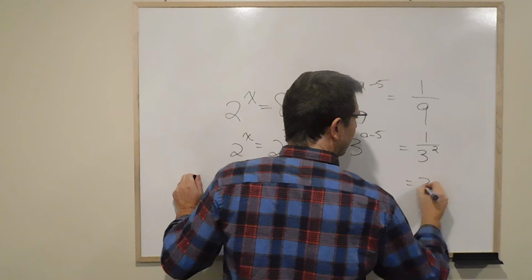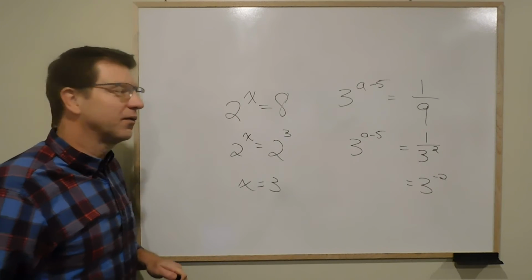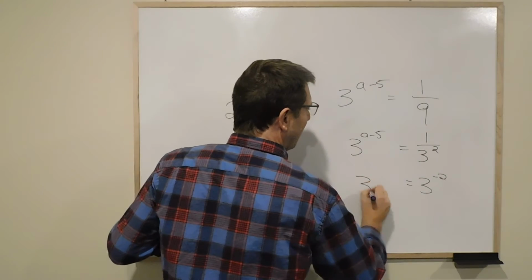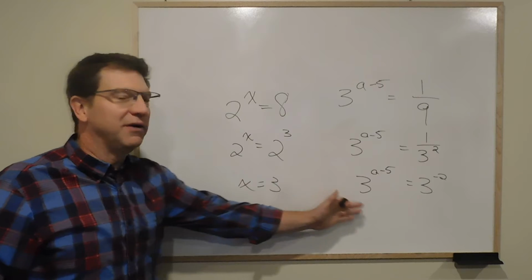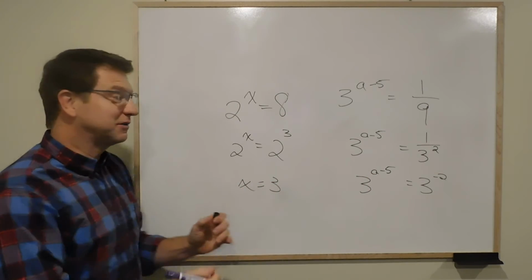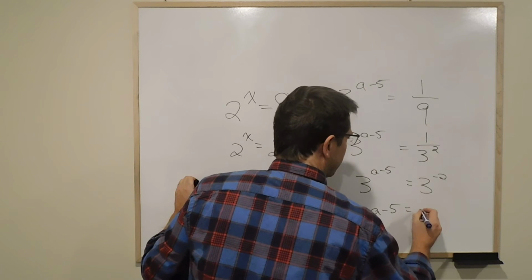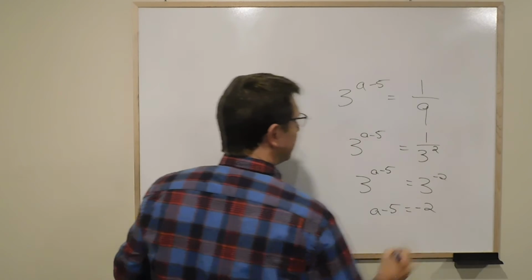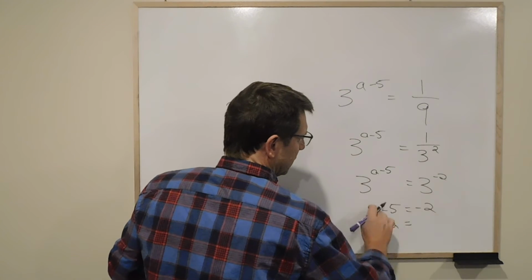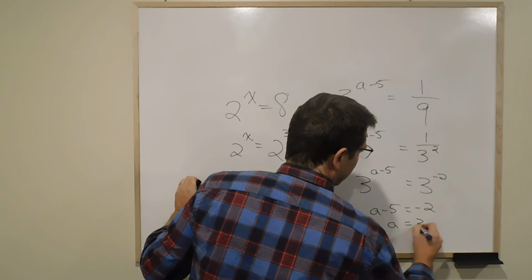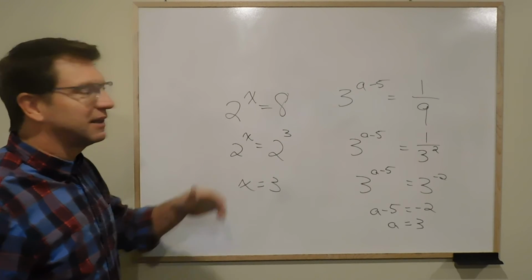But couldn't we say that 1 over 3 squared is 3 to the negative 2? And then that one works out quite nicely. Because our bases are both 3, we can make our exponents match. a minus 5 equals negative 2, and therefore a must equal 3, right? And that would make sense, that would be true.